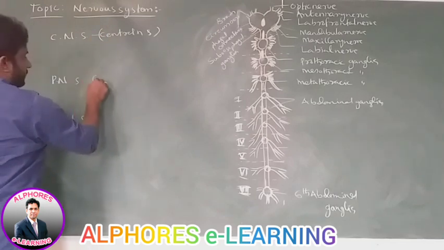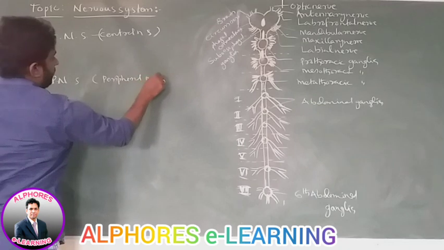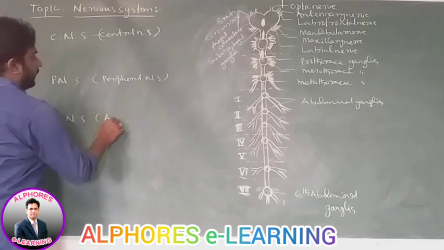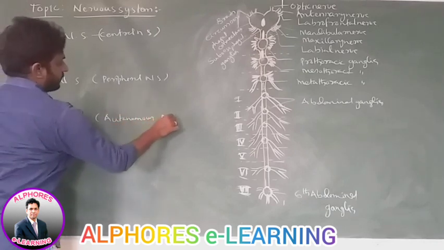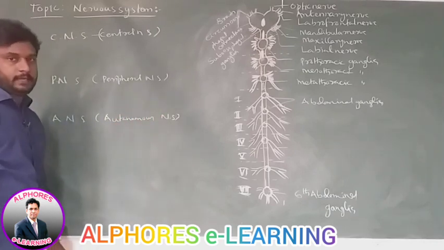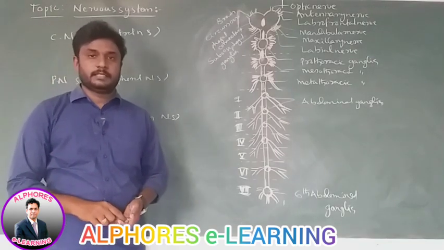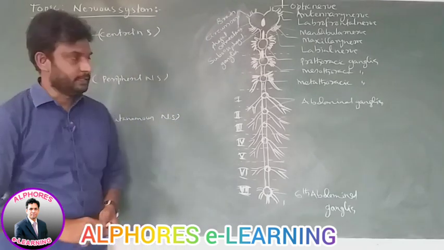PNS, peripheral nervous system. ANS, autonomous nervous system. So three divisions are present in the nervous system of cockroach.